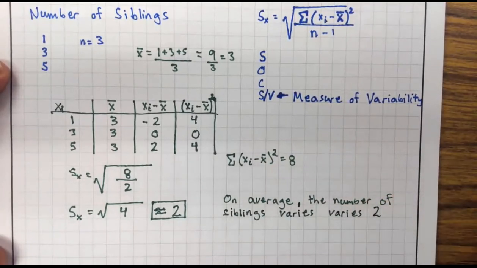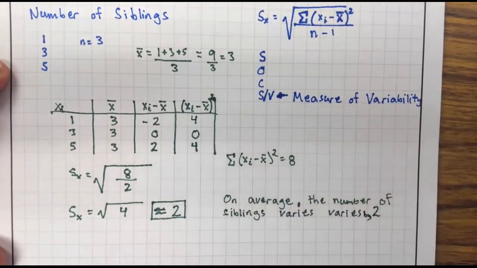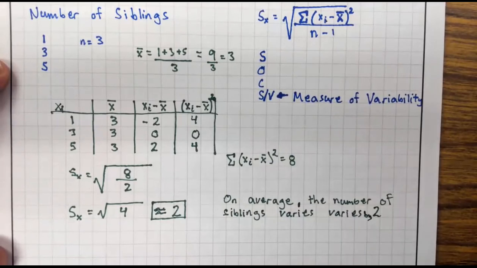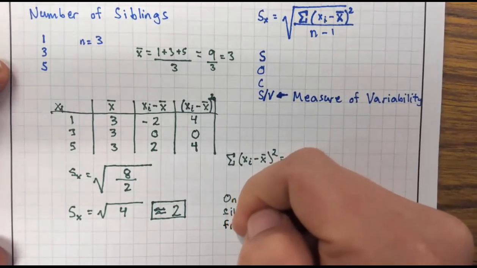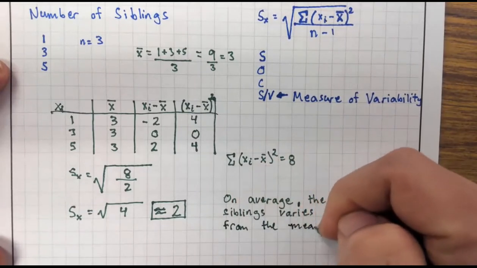On average, the number of siblings varies by 2 from the mean of 3.